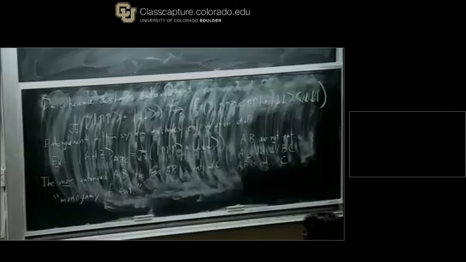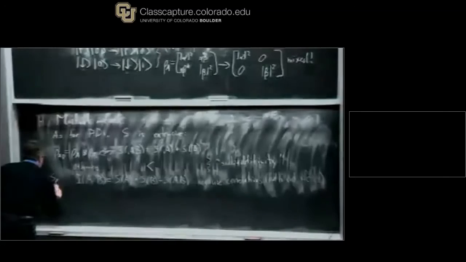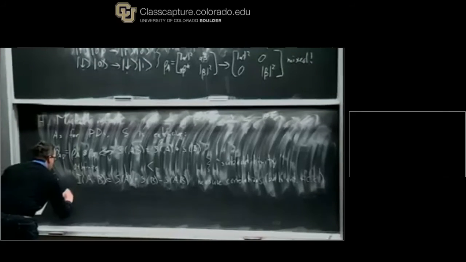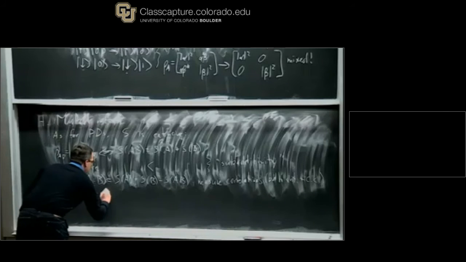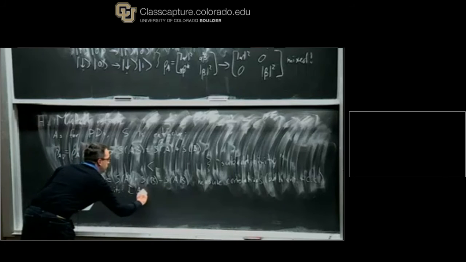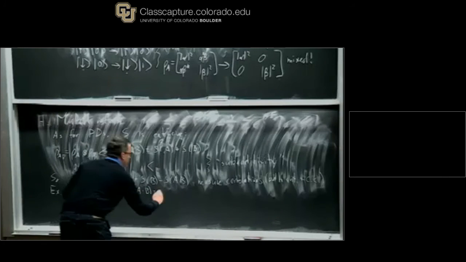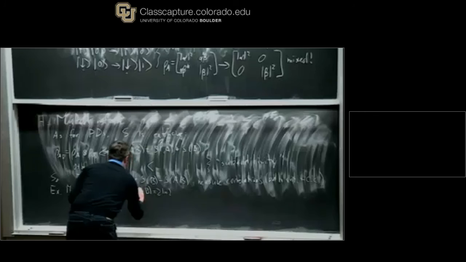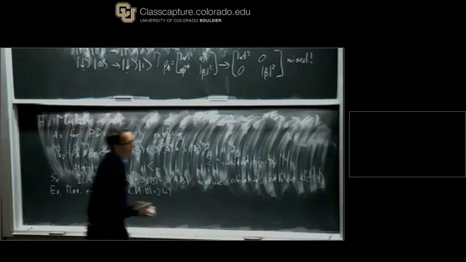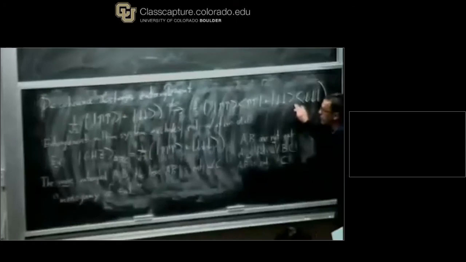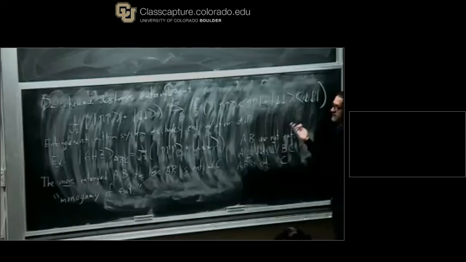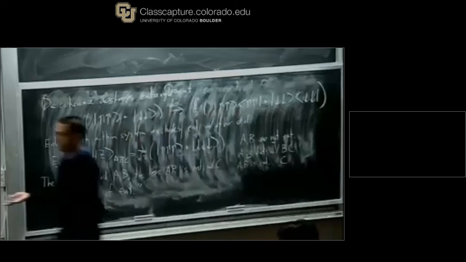So for example, maximally entangled qubits give a mutual information of 2 log 2, whereas if they're just classically correlated, as they are here, then S of AB is log 2, S of A is still log 2, S of B is still log 2, and so I just get log 2.